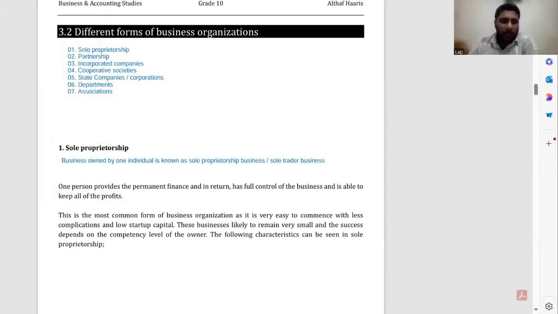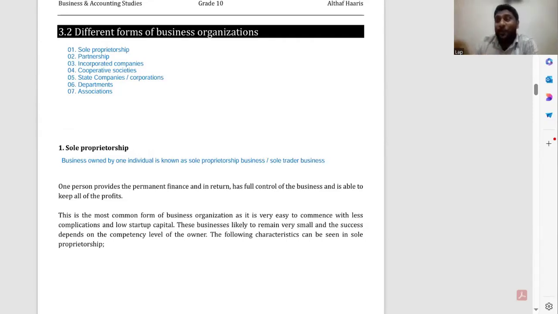Okay. One person provides the permanent finance and in return, he has the full control of the business and is able to keep all the profits. So this is actually one disadvantage. One person is giving all the money. If business needs 1 lakh, entire 1 lakh should be given by one person.